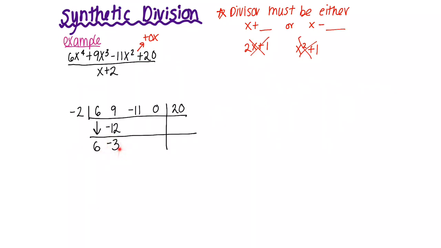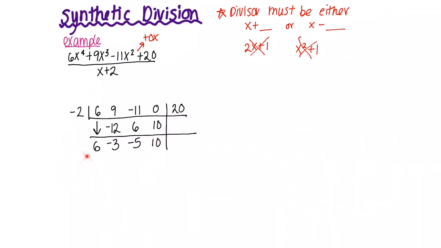And then negative 3 gets multiplied by this negative 2. So once again, drop down the 6. 6 times negative 2 is negative 12. 9 minus 12 is negative 3. Negative 3 times negative 2, that's positive 6. Negative 11 plus 6, that's negative 5. Negative 5 times negative 2, positive 10. 0 plus 10, that's 10.